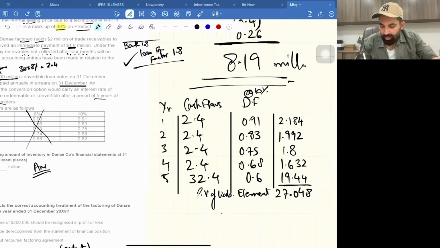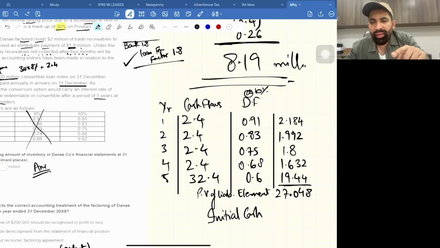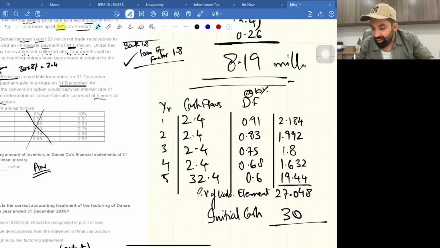Now what is the initial cash? See, the present value of the liability element is 27.048, but initially the investors gave us 30 million. So why did the investor give us 30 million, when if the transaction is treated as a loan, it would have a present value of only 27.048?